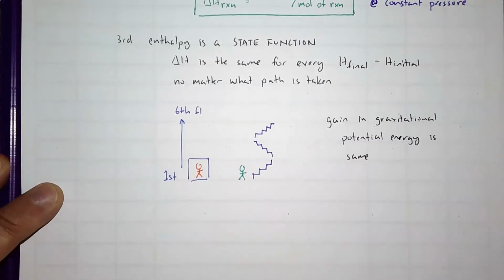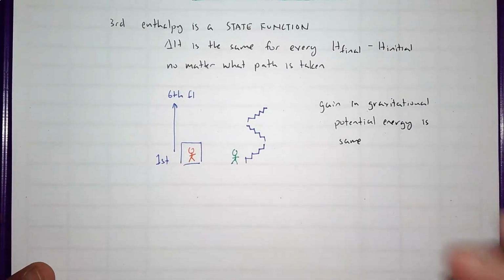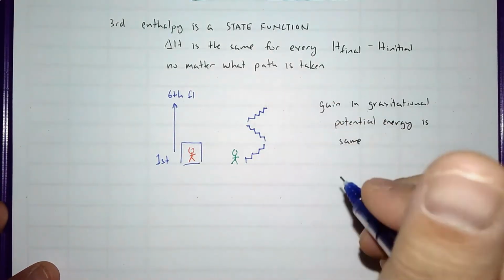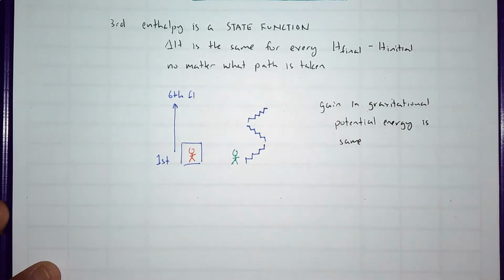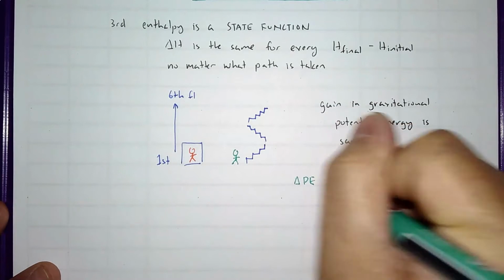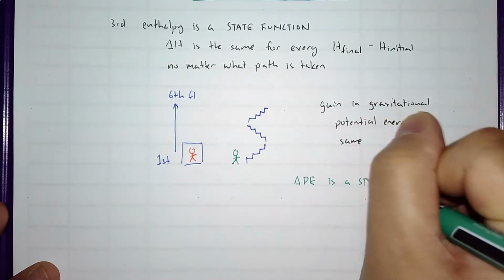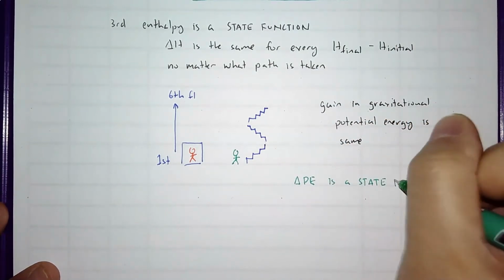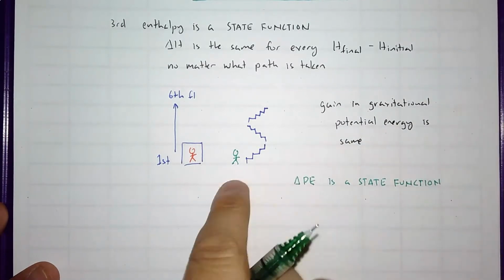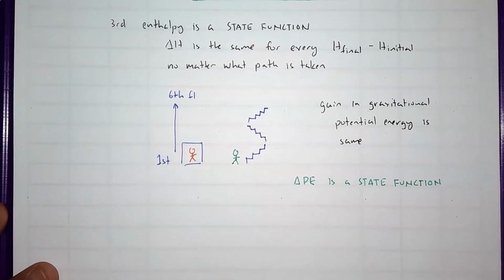So in terms of terminology, we could say that the change in potential energy is what's called a state function. It only relies on the initial and final state, regardless of how you got to that final state.